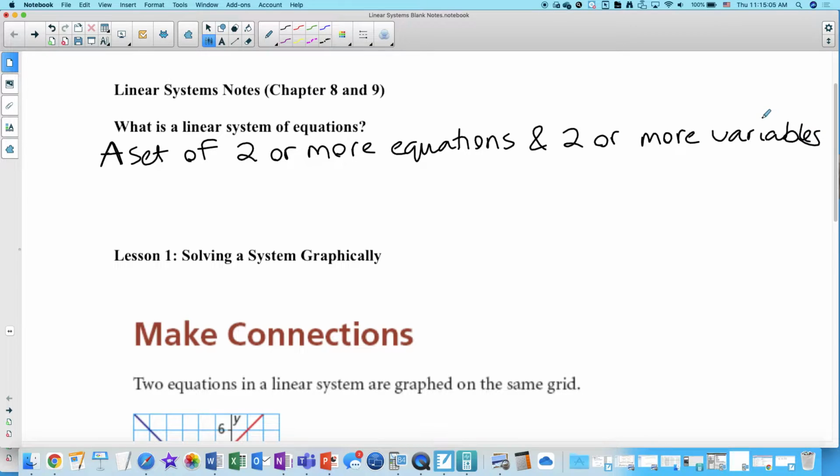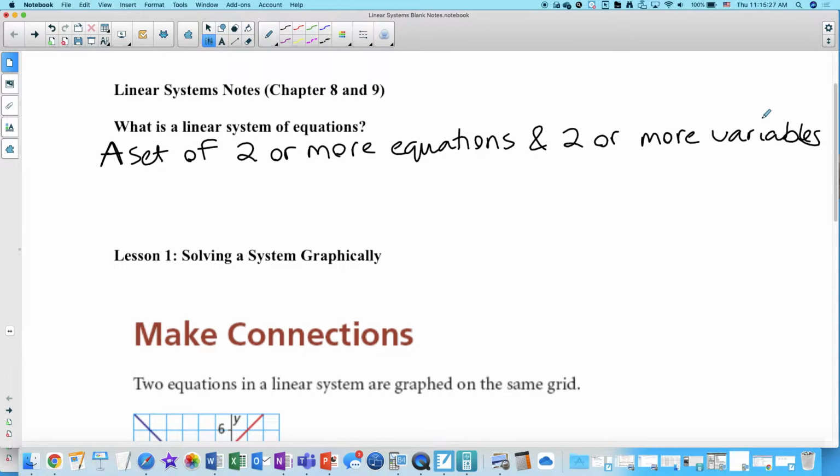Okay, so we can actually have systems of linear equations, systems of quadratic equations. There's lots of different equations that you can involve in a system. But in this course, we're just going to stick to linear. So what does that mean? All of the equations that we're going to look at will be a linear relation, which is what we looked at last unit. Okay?